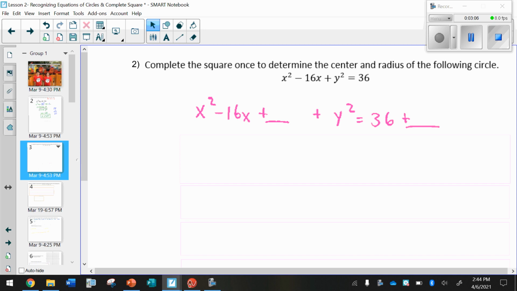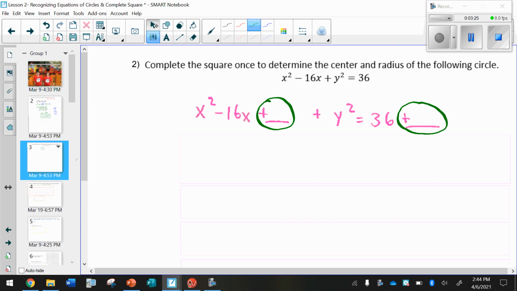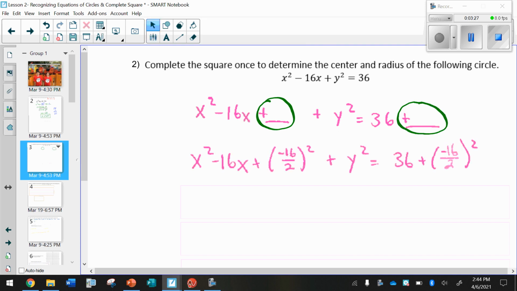Take the y term and just leave it because there's only y squared, no other y values with it. So I don't have to complete the square with the y's, just the x's. And remember that whatever number I use to complete the square with the x's, I must put on both sides of the equation. So I take my b term divided by 2, square it, add it to both sides.